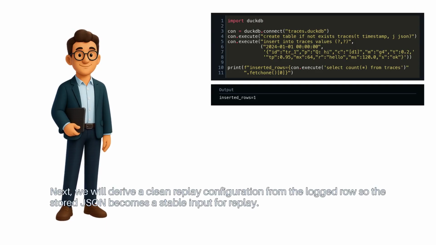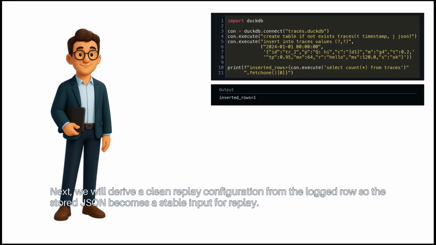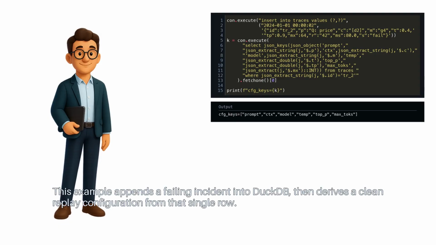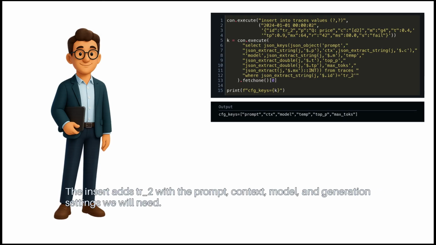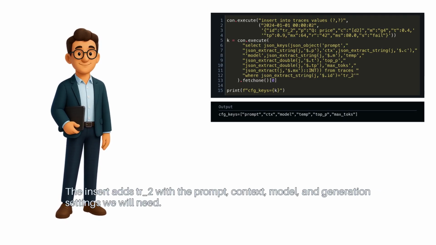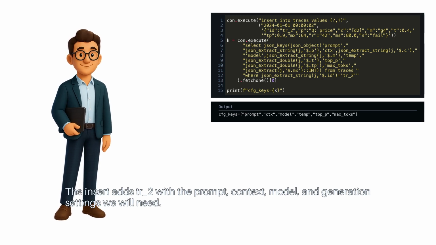Next, we will derive a clean replay configuration from the logged row so the stored JSON becomes a stable input for replay. This example appends a failing incident into DuckDB, then derives a clean replay configuration from that single row. The insert adds TR2 with the prompt, context, model, and generation settings we will need.